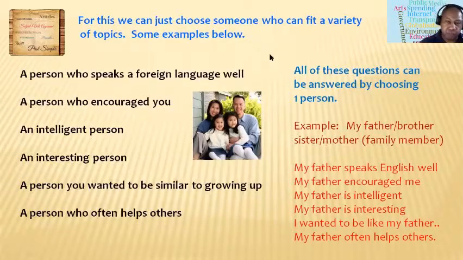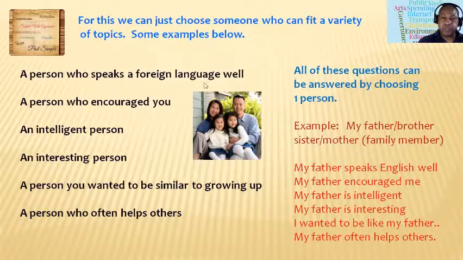Okay, so before we do that, we're going to choose a person. For this, we can just choose someone who can fit a variety of topics. Here are some examples, below. I'm trying to read and look at the camera at the same time.